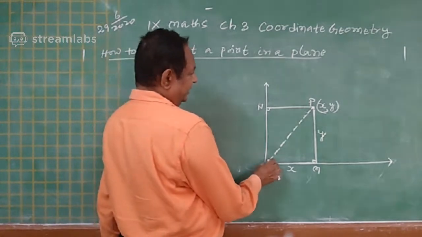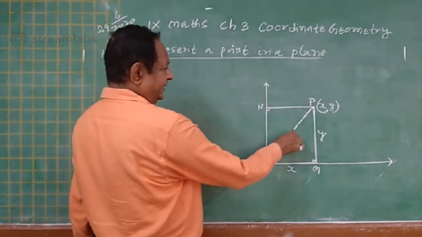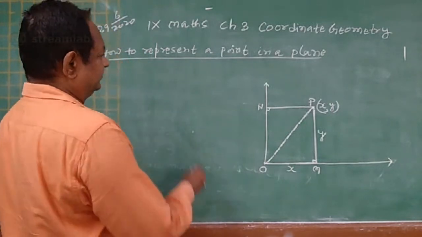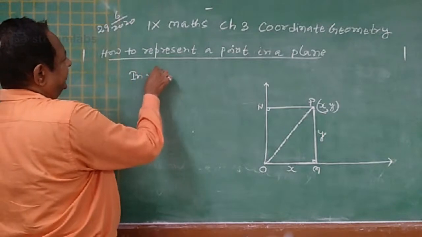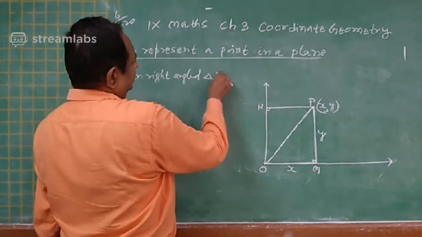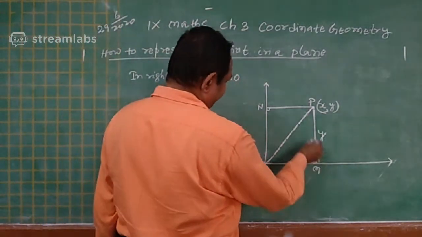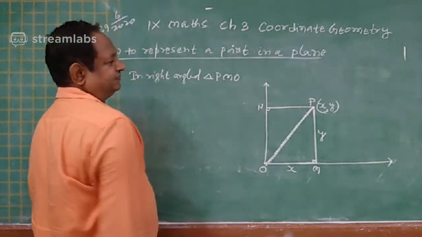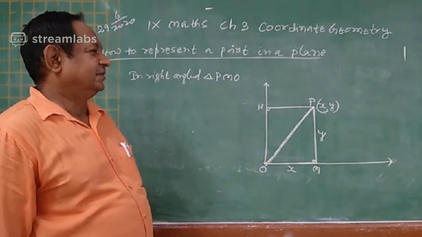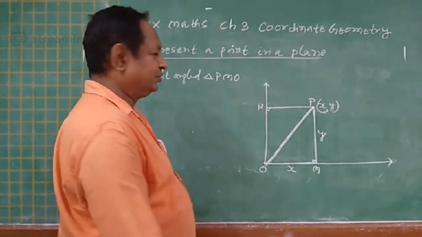Then what will be the value of OP? This is a right angled triangle, OMP or PMO. In right angled triangle PMO, the side opposite to the right angle is called the hypotenuse. So according to the Pythagoras theorem, the square of the hypotenuse is equal to the sum of squares of the other two sides.